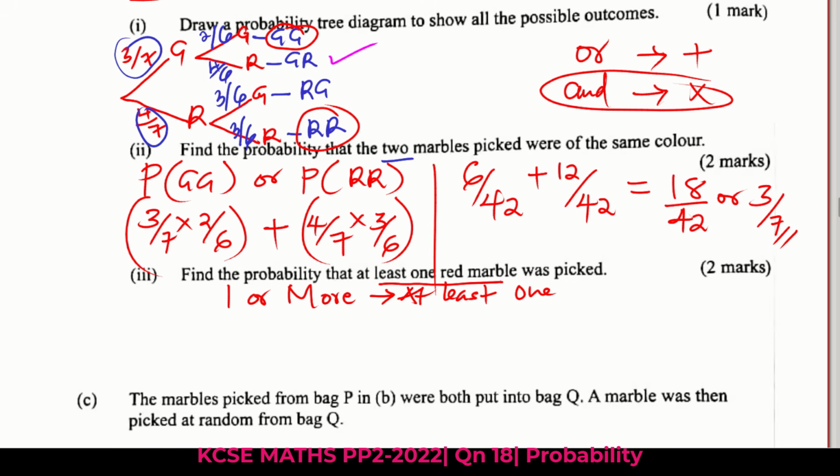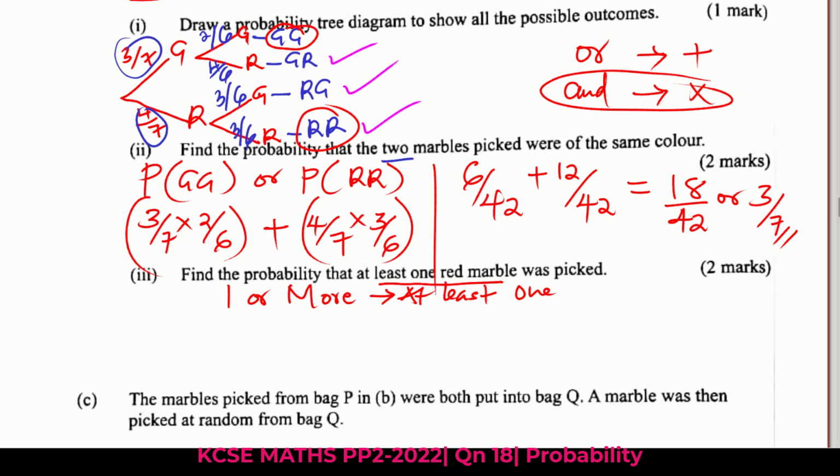At least one means one marble or the 2 marbles are red. So here you have green and red, we have one red, red and green, we have one red, and then here we have the 2 red marbles. These, the ones that I've ticked, are the ones we are supposed to calculate.